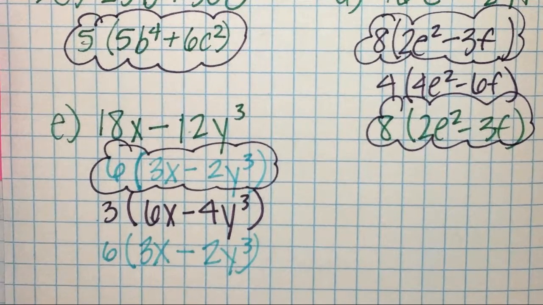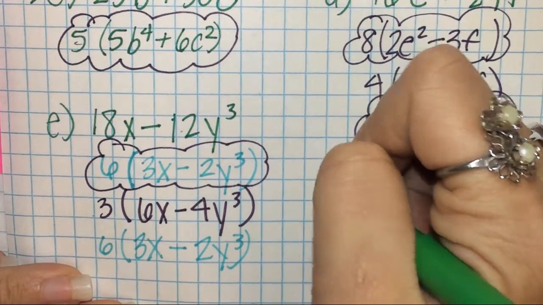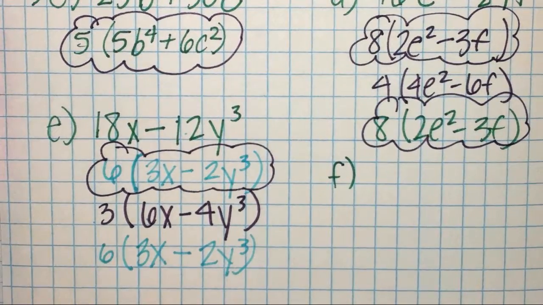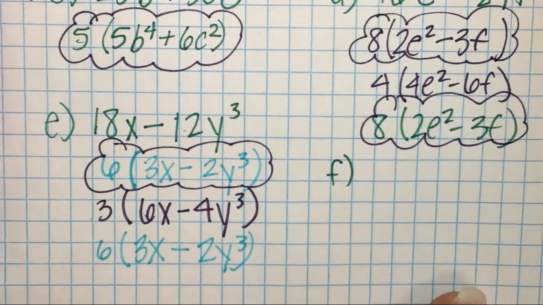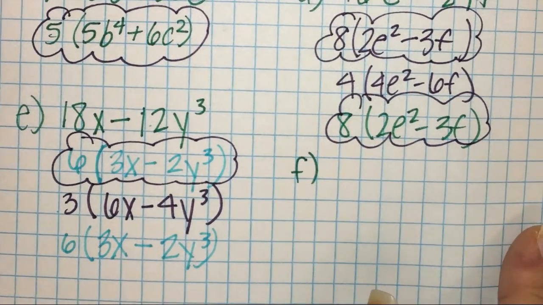Okay. Are we ready? Can we move on, or do we need to do one more? Let's do one more. I don't know if yay is the correct word. Okay.